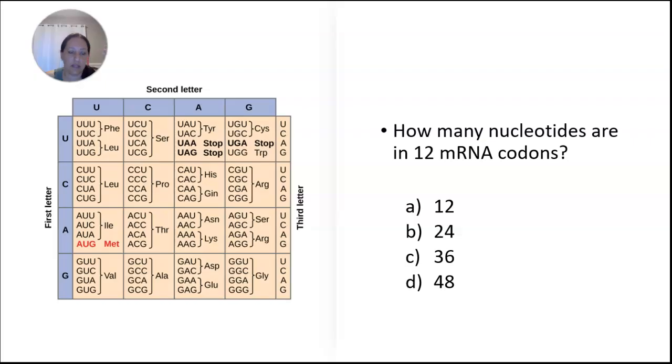There are 3 nucleotides in a single codon, so 3 times 12 is 36. So there will be 36 nucleotides in 12 mRNA codons. Again, it's a triplet code. The mRNA is read 3 bases at a time. 3 bases make up a codon, and that's how the ribosome reads it.